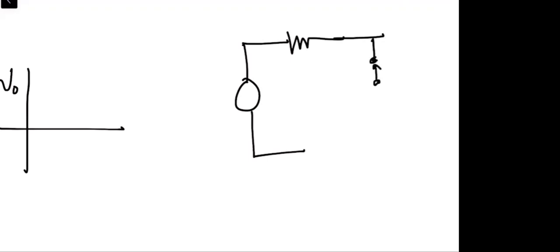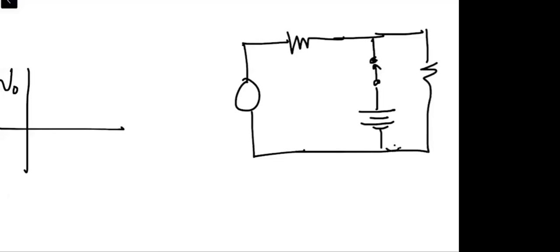The switch is closed, or we can say that the diode is in the on state even before the application of the input Vi.